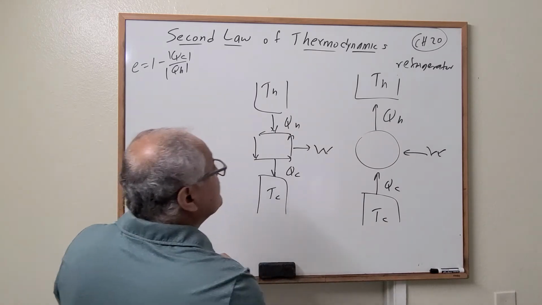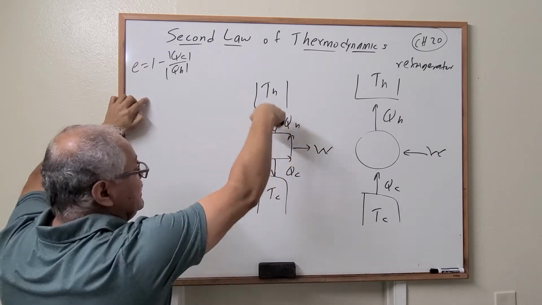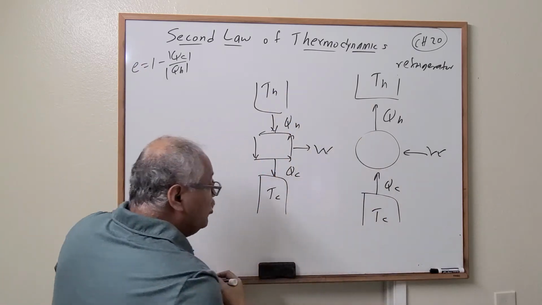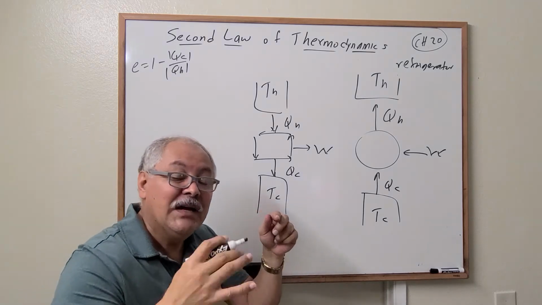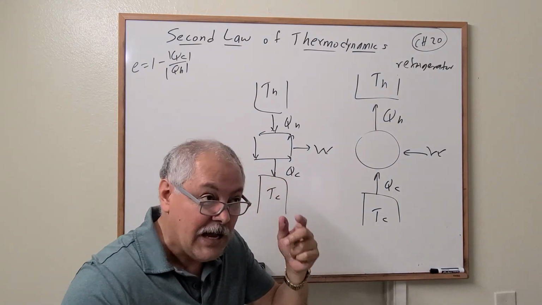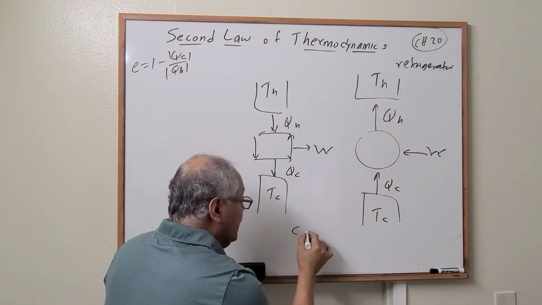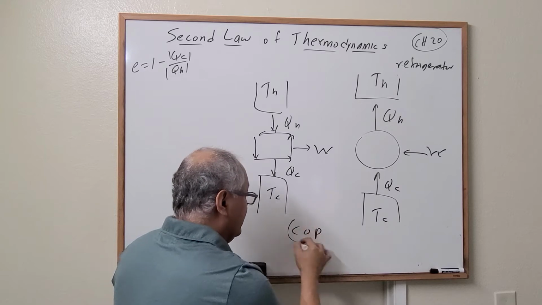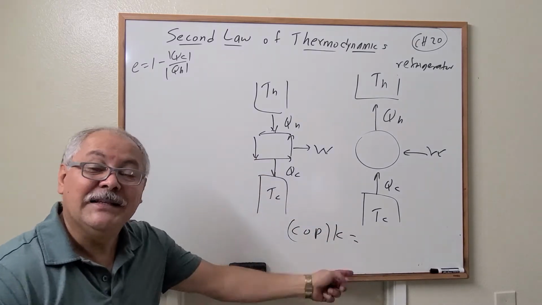Okay, let's do it. How do we define the efficiency? Again, the books call it the coefficient of performance, and in this book it is K, and it represents the efficiency.